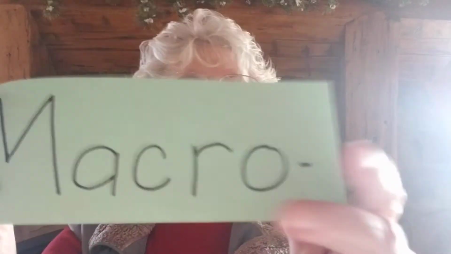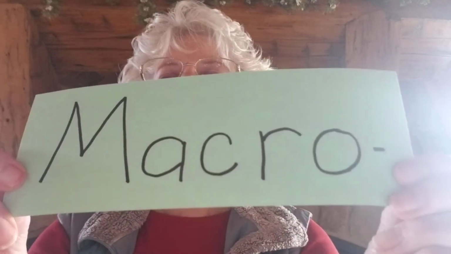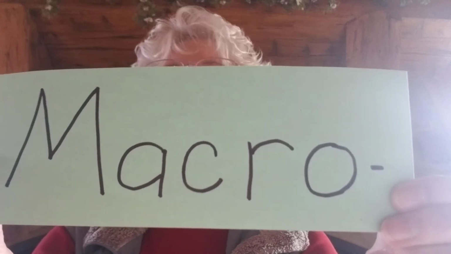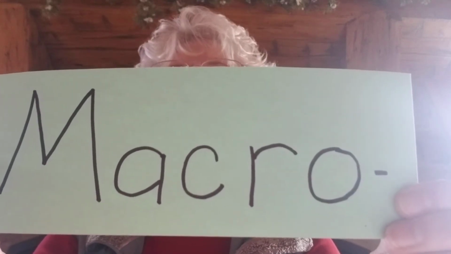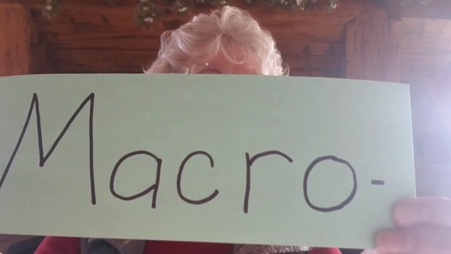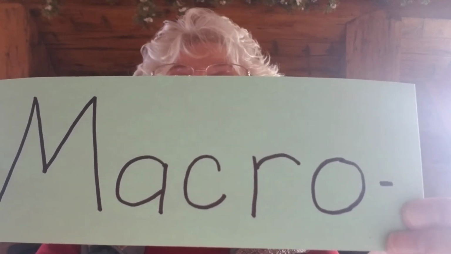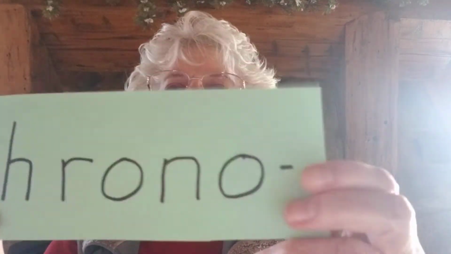Then we have macro. This is the one that means a child's culture, values, and beliefs within that family. We definitely know that the culture macro system definitely affects the children. And then the very largest circle in his model is chrono.